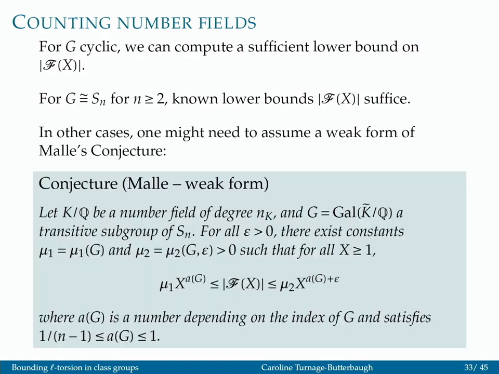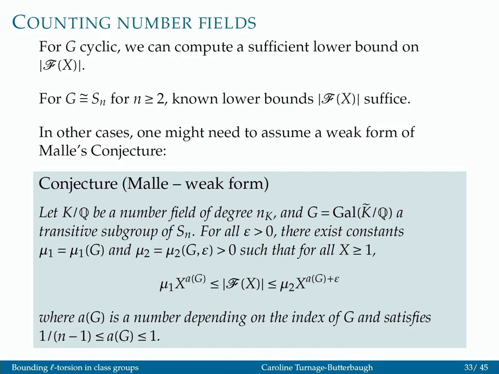Now, in other settings, one might have to assume the following conjecture. And this is a weak form of Malle's conjecture. What this does is it gives you appropriate upper and lower bounds on the size of this family F of X in terms of this number a_G, which is a number between 1 over n minus 1 and 1, and it depends on the index of G. So what I mean to say is that in other cases for your Galois group G, there are conjectures on how this should behave.